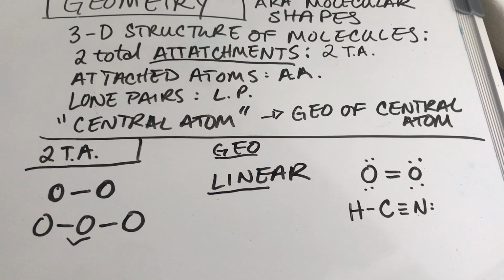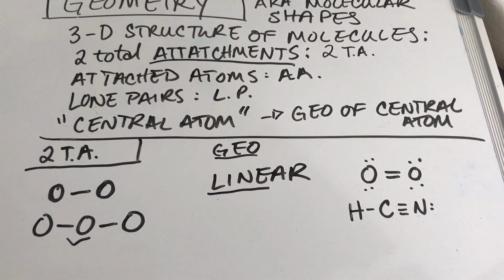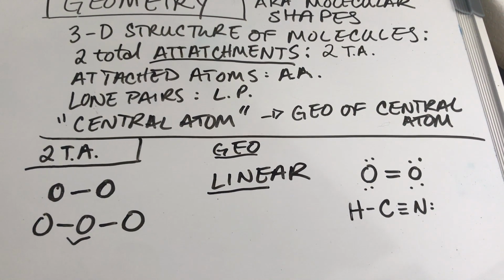You don't really talk about how many attached atoms there are because there's only 2 atoms, right? So you're looking at the molecular structure, but the molecule only has 2 atoms, so the structure can only be linear, right? Because that's the only shape you can make when you're just connecting a line between 2 things. So, yeah, good question.